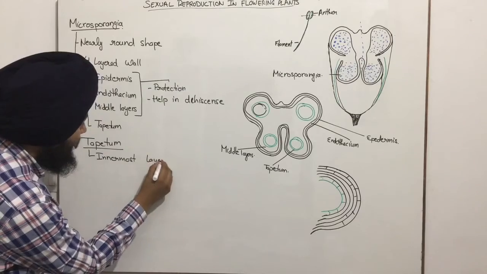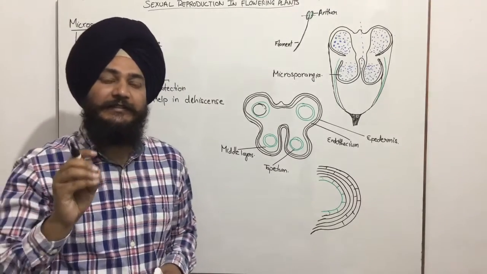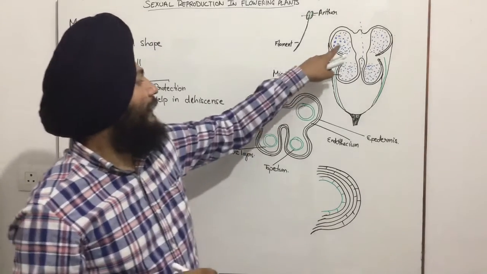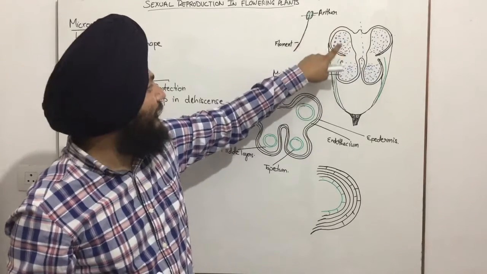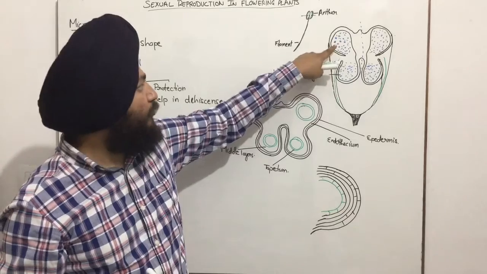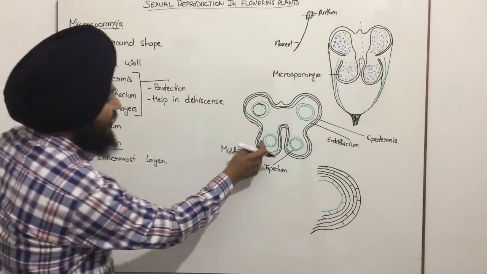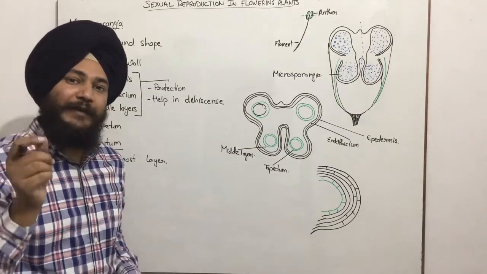And next we have the function of the tapetum. The tapetum nourishes the pollen grains during their development. Earlier we did that the microsporangia are filled with the microspores or the pollens. So the tapetum, the innermost layer, provides the nutrition.